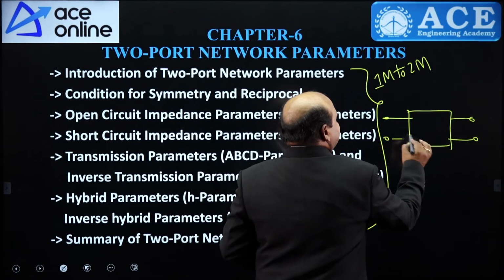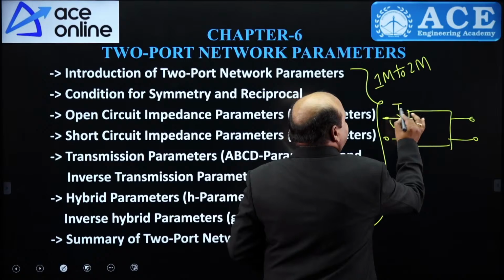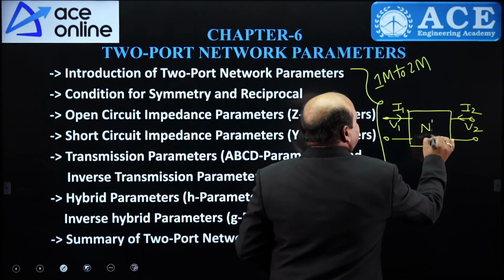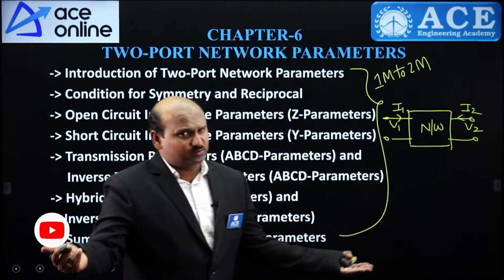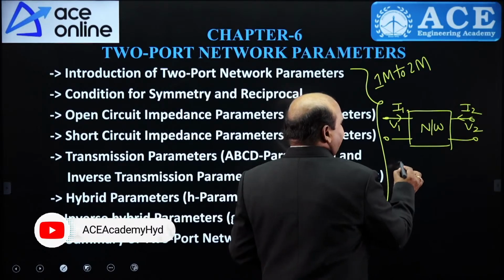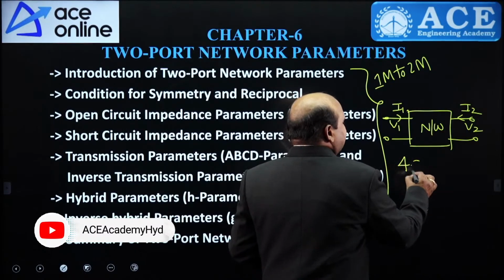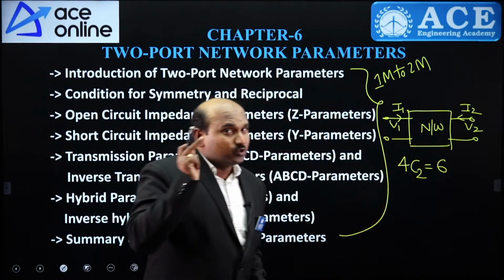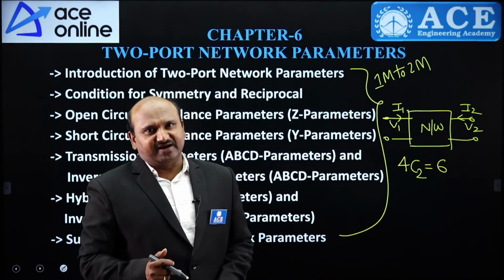We can define V1, I1, V2, I2. This network may be either passive or active. So 4 variables are there. With n variables, nC2, that is 4C2, means 6 types of 2-port network parameters can be defined, which are what?